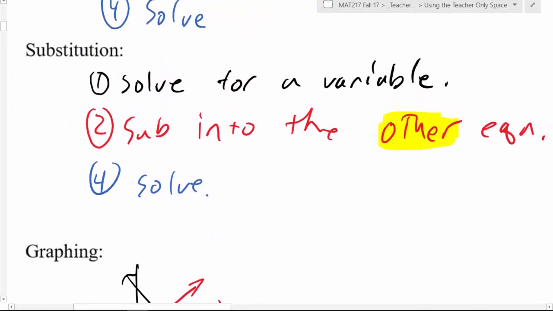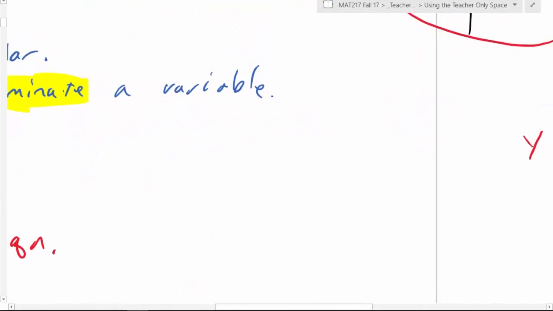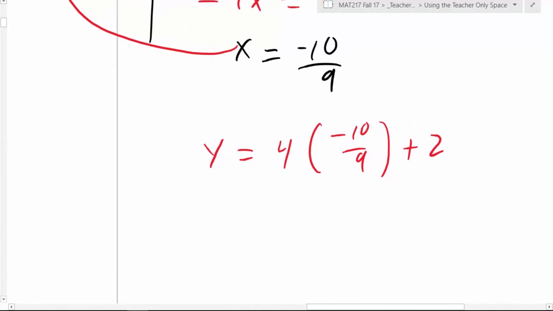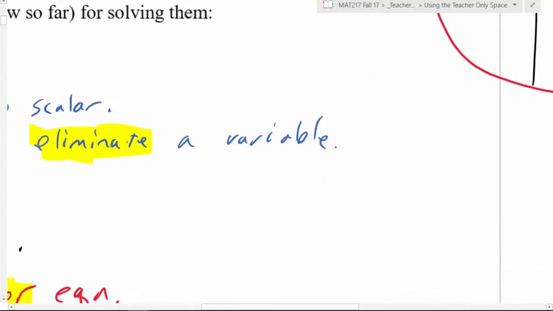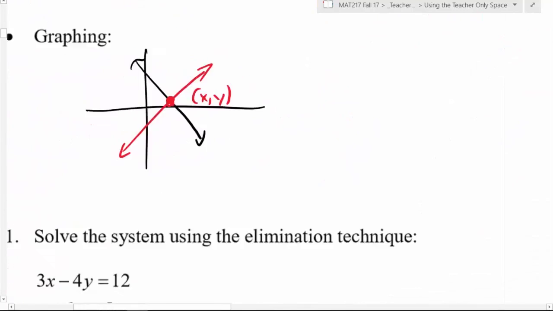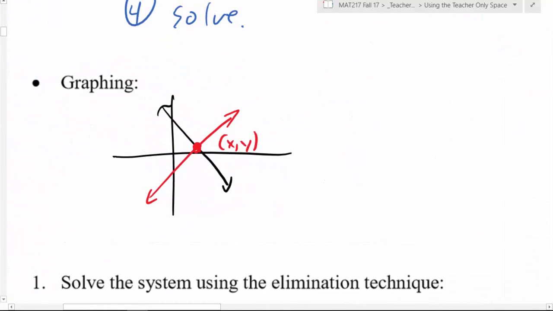So if you go back and take these values that we just solved for with the x being -10/9 and the y being whatever it was, if you substitute those values into the first equation, it will equal 4. And if you substitute those values into the other equation, it's going to equal whatever y equaled, right? The x will make the y. So what we're doing is we're saying, I want the solution that makes both linear equations true. And that's the big idea.